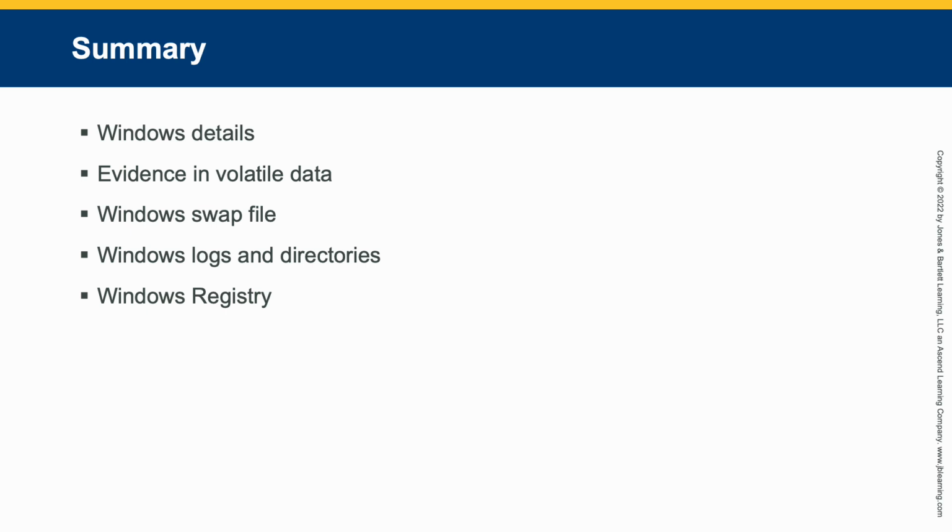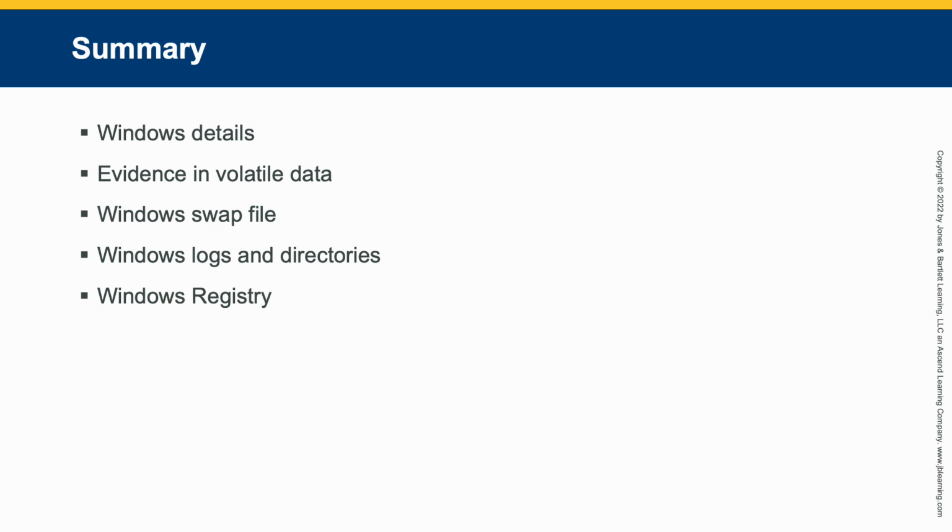In this lecture, we have discussed Windows details, evidence in volatile data, Windows swap file, Windows logs and directories, and Windows registry. So let me finish with ADS and unallocated slack space analysis to conclude this lecture.